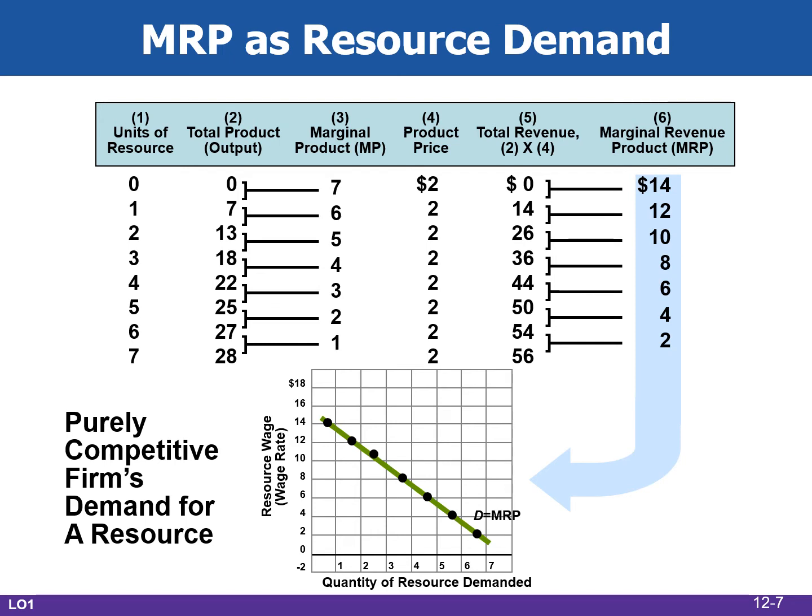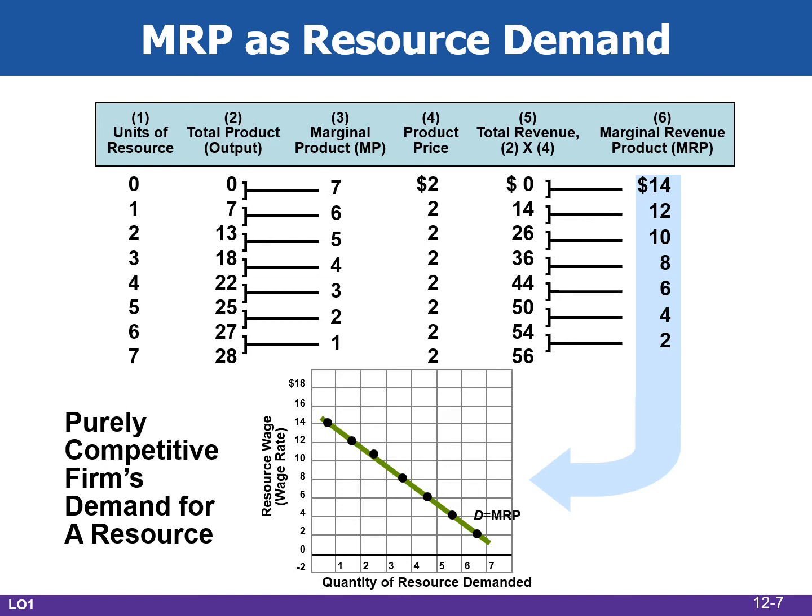So those 2 assumptions we made previously: that the firm sells its product in a purely competitive industry, and that the firm hires labor in a purely competitive labor market. On the horizontal axis, we're simply measuring the number of workers this firm desires to hire. That is labeled quantity of resource demand, in this case labor demand. On the vertical axis, we're measuring the price or the wage rate.